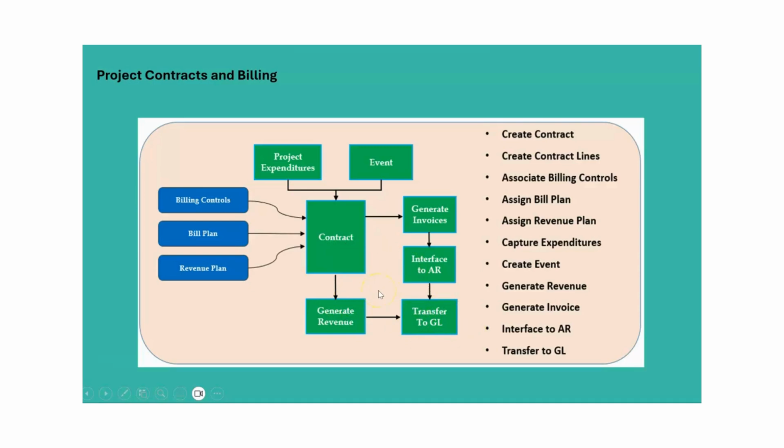Now revenue can be generated based on the different rules that you set up in your contract, and then again it can be transferred to your general ledger. So this is your contracts and the billing related activities that happen within project financial management, right? So that's what I said earlier.